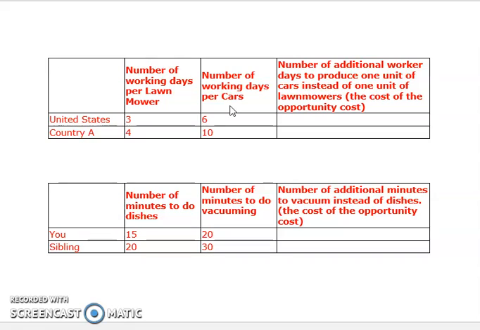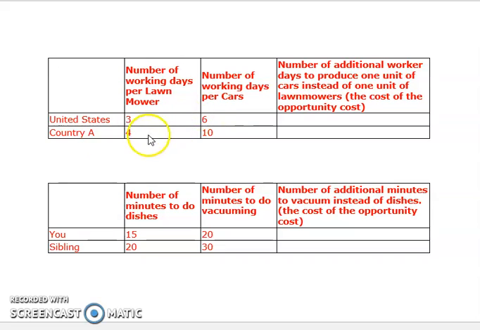And the whole idea of these absolute and comparative advantage examples is this is why they're going to trade with country A. So we have to determine who should make which thing. In each of these, whether we're talking absolute advantage or comparative advantage, one of them has to have the comparative advantage in lawnmowers, and the other has to have comparative advantage in cars, or vice versa.